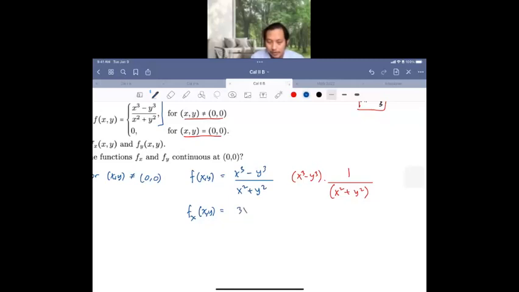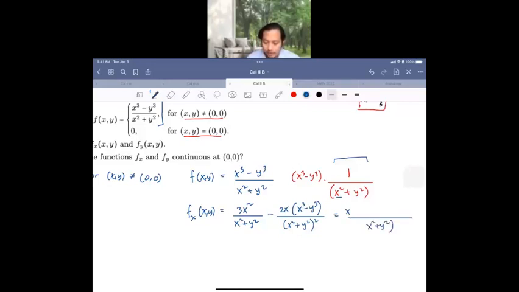So 3x squared, multiplied by x squared plus y squared, and then plus this derivative with x cubed minus y cubed, but this one is getting negative and negative, and then 2x, so we have negative 2x times x cubed minus y cubed, divided by x squared plus y squared, squared, because it's a derivative. Maybe simplify this a little bit and make it x squared plus y squared, squared.